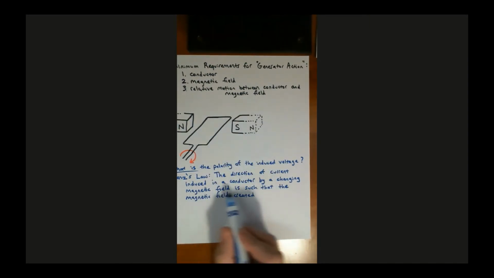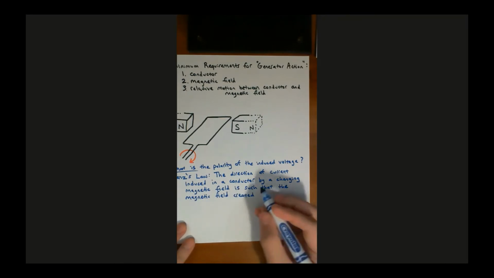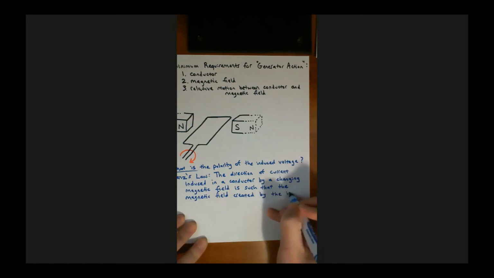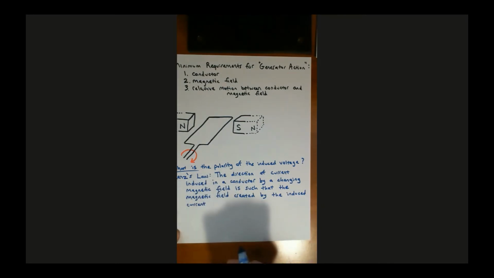The direction of current induced in a conductor by a changing magnetic field is such that the magnetic field created by the induced current, which again is the current created from the induced voltage. All right, so it's kind of shorthand here.